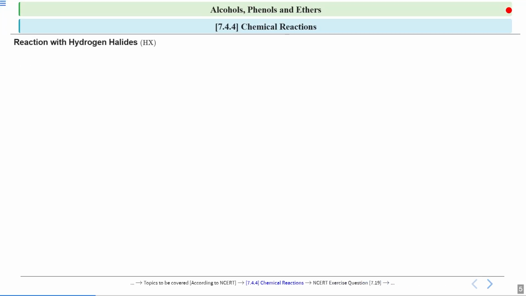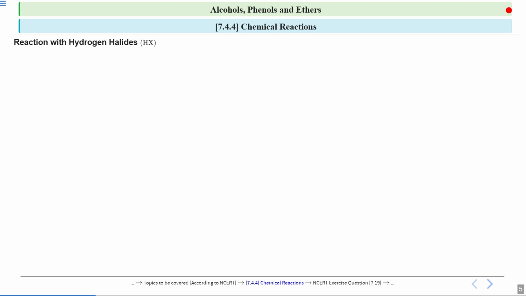Okay, so let's begin with today's lecture. When we were discussing alcohols, I told you that alcohol can behave as both a nucleophile as well as an electrophile. When alcohols behave as a nucleophile, there is cleavage of the OH bond. And when alcohol is behaving as an electrophile, then there is cleavage of the carbon-oxygen bond, that is the CO bond.